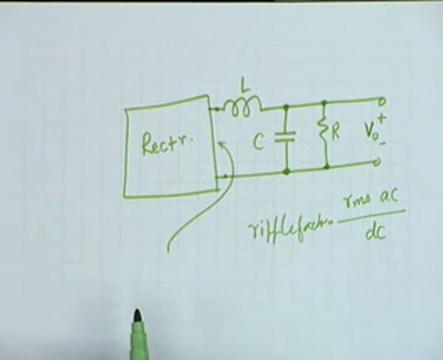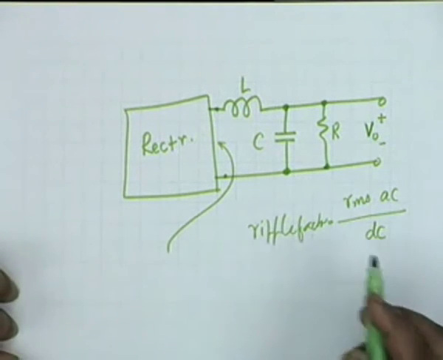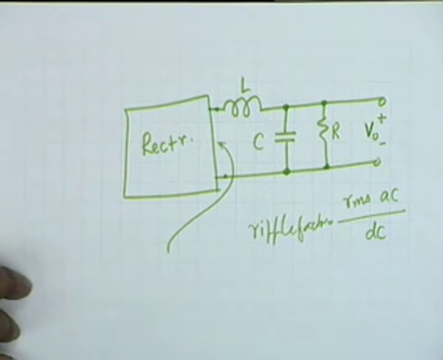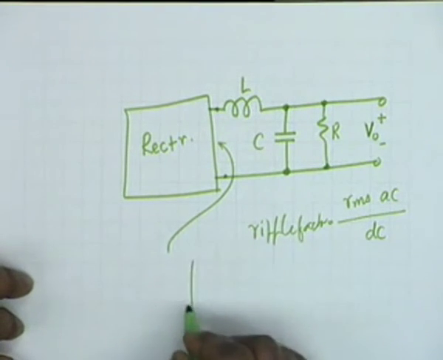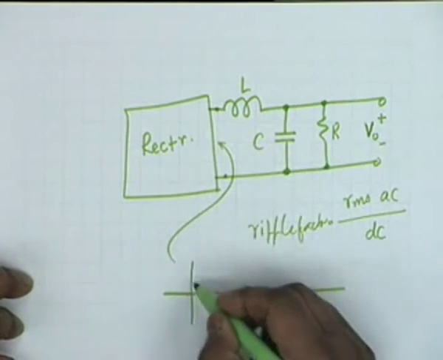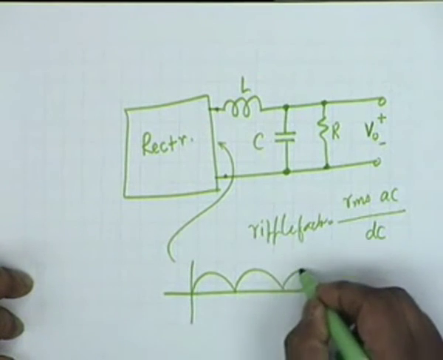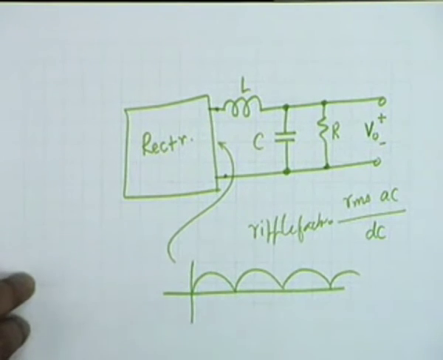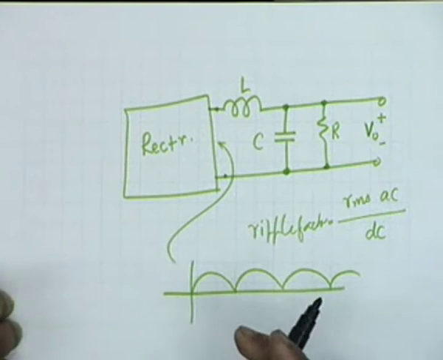Now to analyze this circuit, we require an analytical expression for this input waveform, which is of this form, and it can be shown by Fourier analysis. Are you acquainted with Fourier analysis? Not yet.